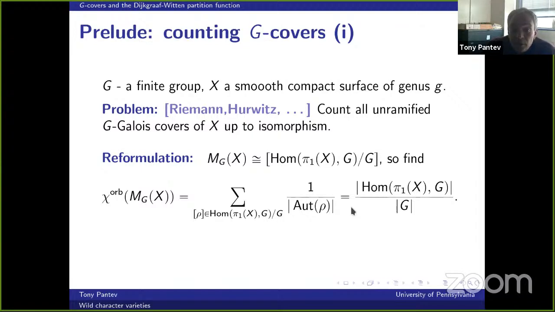So you have conjugacy classes of homomorphisms from pi1 of X to G. And you just need to weight those by 1 over the size of the automorphism group of each homomorphism. And of course, by the standard Burnside formula, this is the same as taking the cardinality of all homomorphisms from pi1 of X to G divided by the order of G.